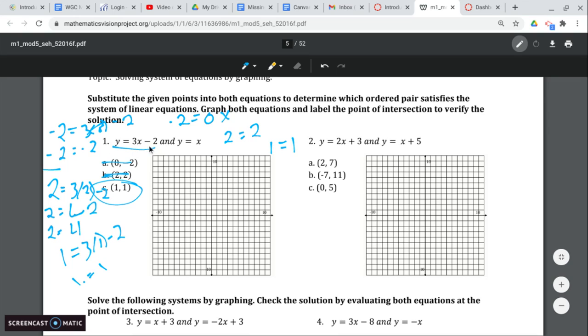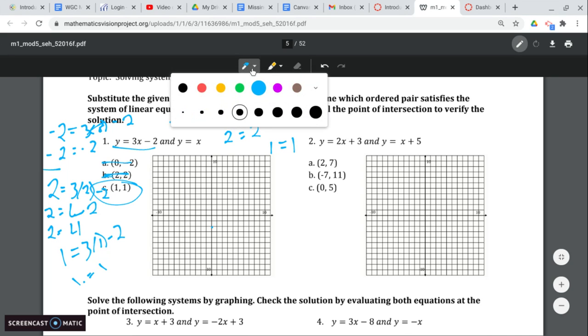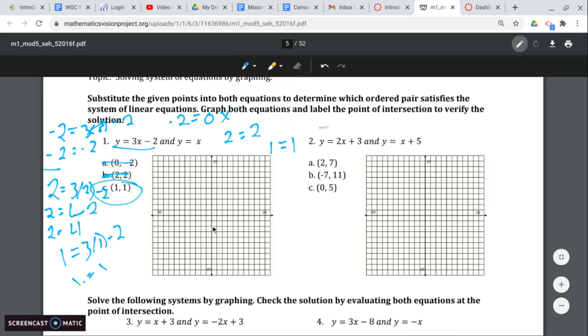To graph this first equation, we start with the y-intercept, which is -2. So we go to the y-axis and we go down 2. There's our first point, our y-intercept. Then we have a slope of 3, so that means we're going to go up 1, 2, 3, and over 1.